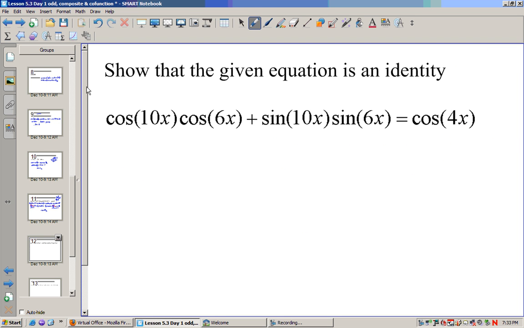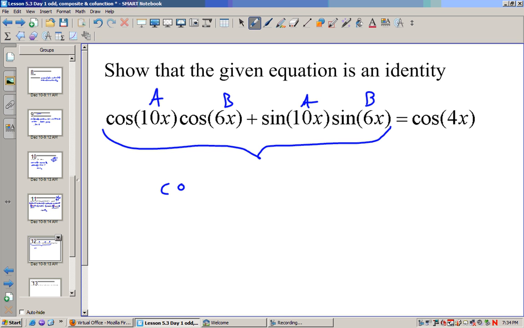All right. Now we have this monster proof, or this monster identity. It looks just impossible. But if we look at this, this is just in the form cosine A cosine B plus sine A sine B. And so once you notice that, it makes this whole thing a lot easier. Because this can be reduced to cosine of 10x.